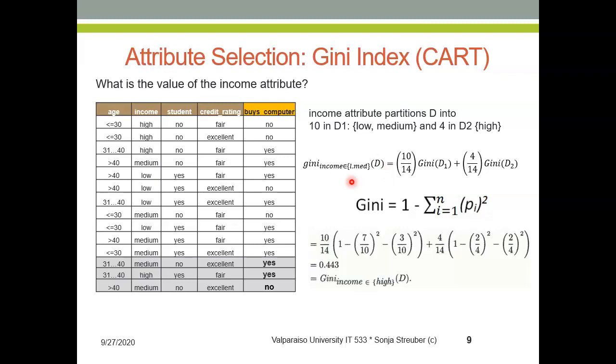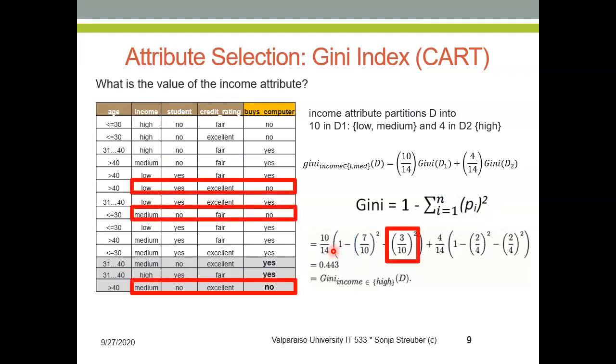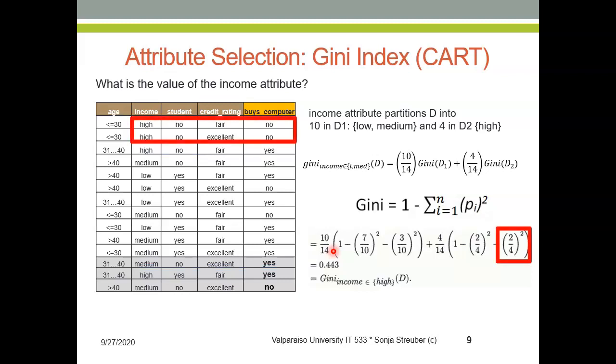We get 10 over 14 multiplied by 1 minus 7 over 10 squared, because that's medium and low for buys computer yes, minus 3 over 10 squared, which is medium and low for buys computer no, plus, and now we're looking at data space 2, D2, 4 over 14 multiplied by 1 minus 2 over 4 squared, which is high and yes, minus 2 over 4 squared for high and no. That result gives us a Gini index of 0.443, which is also the Gini index that our income could be an element of high in our data space overall.